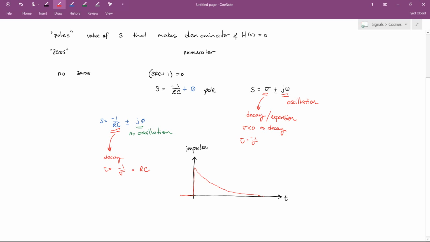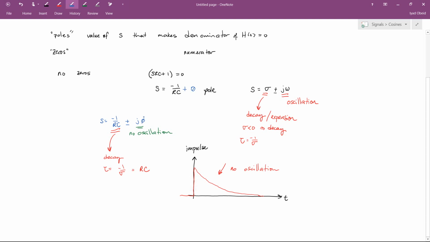And what you'll notice is that there is no oscillation. If you just put a piece of energy into the system and wait to see what happens, it doesn't oscillate. It just goes down exponentially.